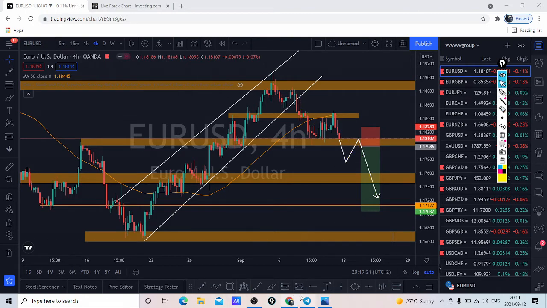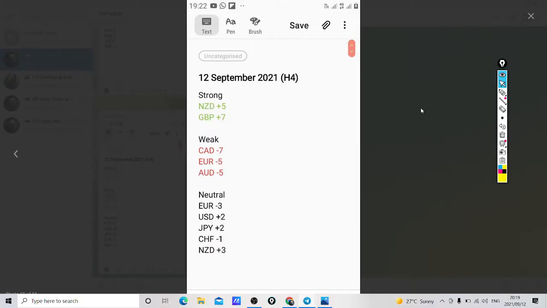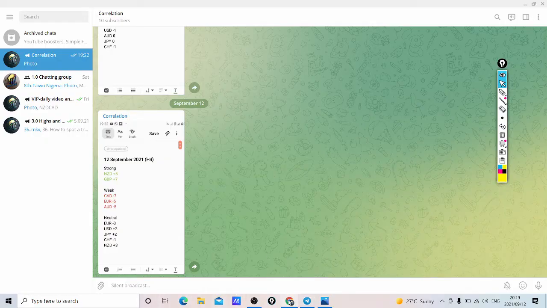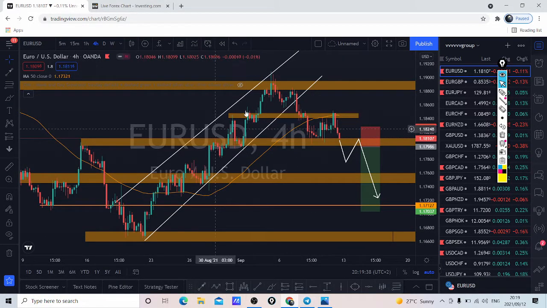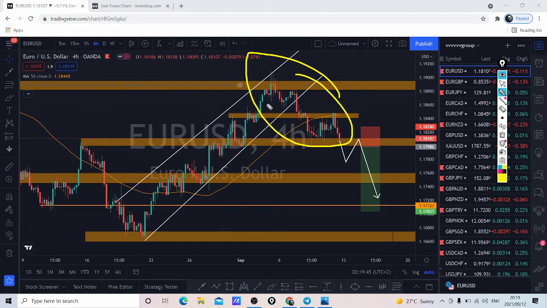So this trade may work well because most of the euro pairs, look, the euro is selling with -5, so that's why we saw a break there. Euro is selling with -5, which is very big. That tells us this new downtrend is valid.